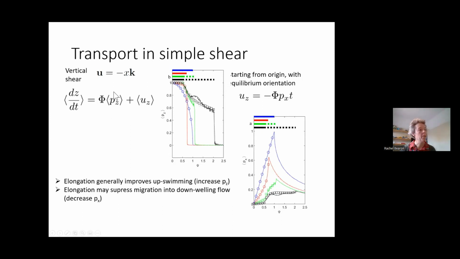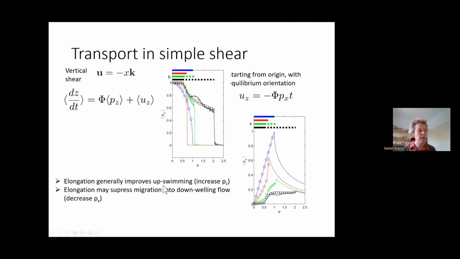You've got your swimming, but you've also got the vertical component of the fluid velocity, and that changes depending on where you are horizontally. So we need to think about the horizontal component of swimming, because if you've got a high horizontal component of swimming, as you do for the spheres, where the blue line's the highest, you will be swimming into the region where the fluid's going downwards, and that will transport you downwards. If you're trying to swim upwards, obviously that's a disadvantage. So elongation is good for both reasons.